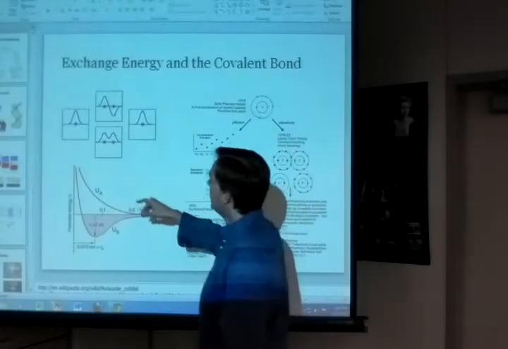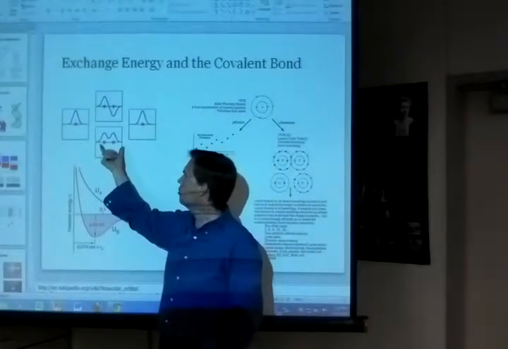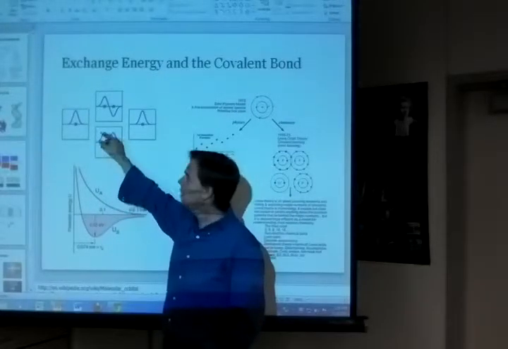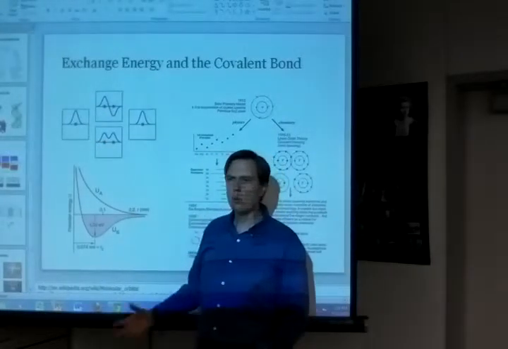And so in this case, for example, if the orbitals are aligned in such a way, we've got a constructive interference here. Here we've got destructive interference, okay? The two orbitals.